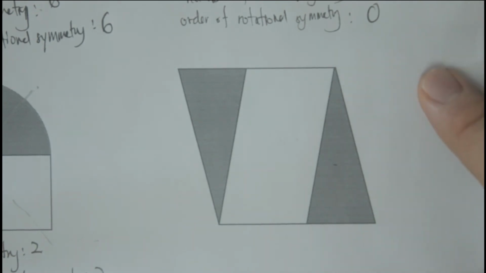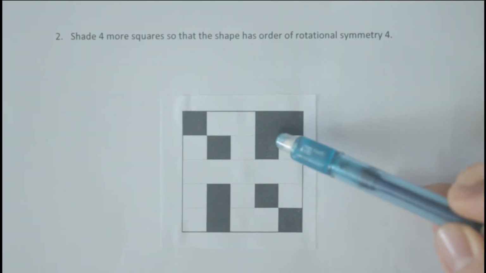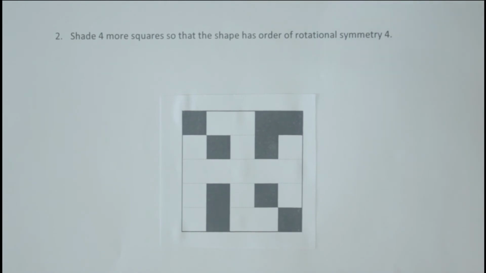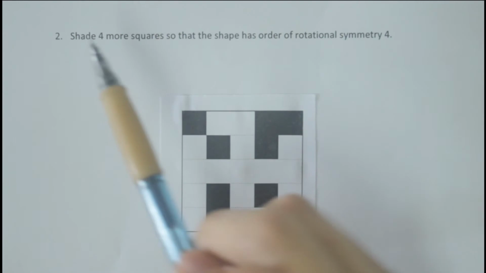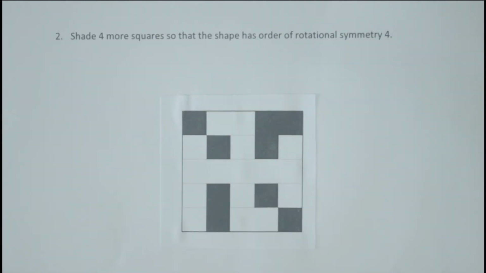For this shape, you're gonna have to try it yourself. So over here, you're gonna encounter questions that have boxes that are shaded for you, and you're gonna shade a few more squares so that it can get the rotational symmetry as it is asked for. For example, over here, shade 4 more squares so that the shape has order of rotational symmetry 4.